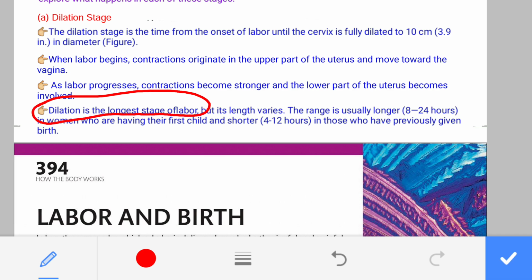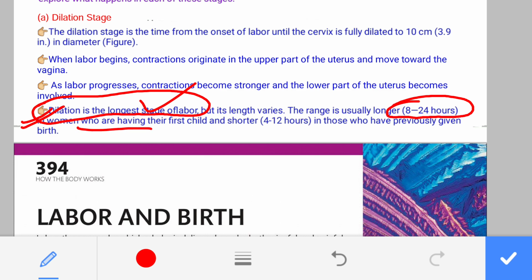So as you can see over here, I have mentioned that the dilation is the longest stage of the labor, and the time period of this dilation stage is generally 8 to 24 hours in a woman who is pregnant for the first time.